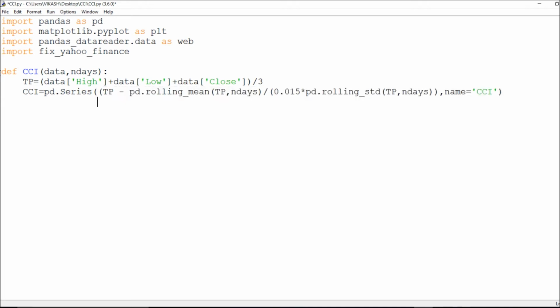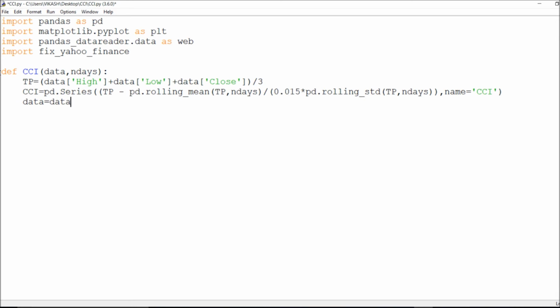Here I am trying to perform this operation for the mean, standard deviation, and these differences.